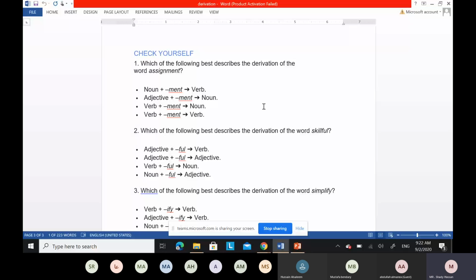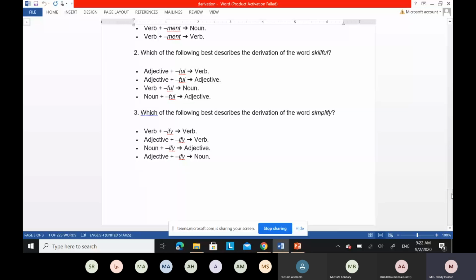This is the third and the fourth choices. So when I'm adding ment to the verb, do I get noun or verb? Noun. Yes, that's right. An assignment is a homework, and it's a noun. So that's why it's going to be the third choice. Verb plus ment that gives noun. Thank you, guys.